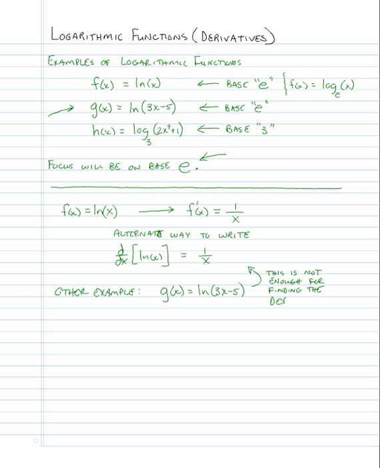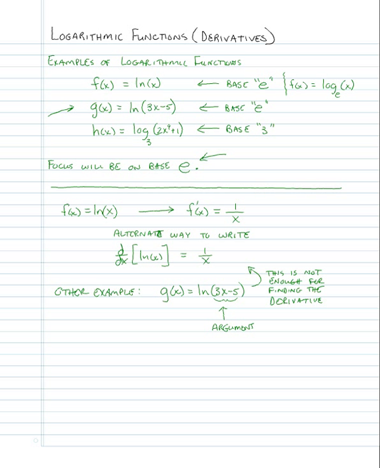And so we're going to have to introduce some more information. Before I do that, you're going to hear me say this word, so I want you to recognize what I'm referring to. That 3x minus 5 is what we're taking the natural logarithm of, and that 3x minus 5 is called the argument. Argument means that's what we're taking the logarithm of.